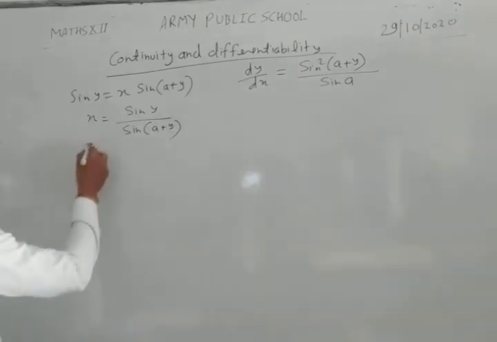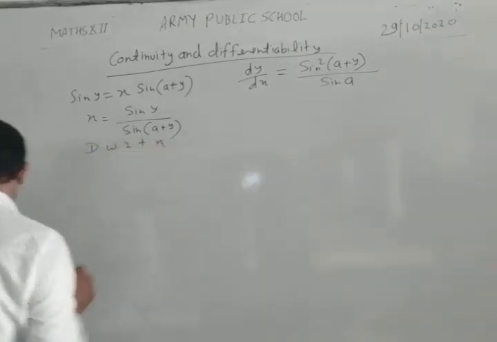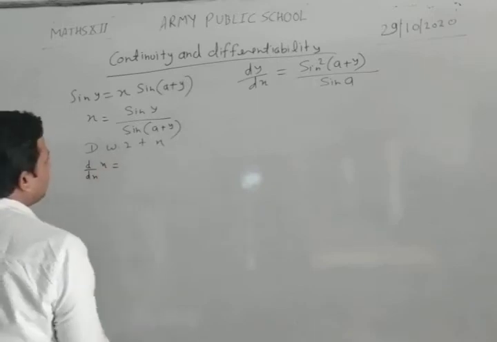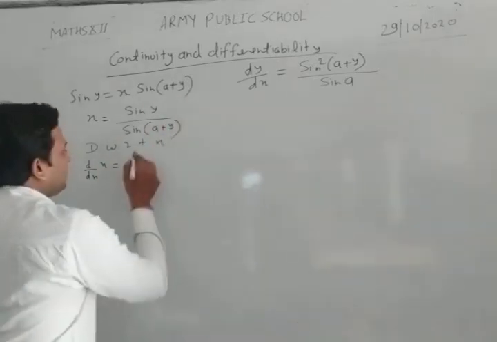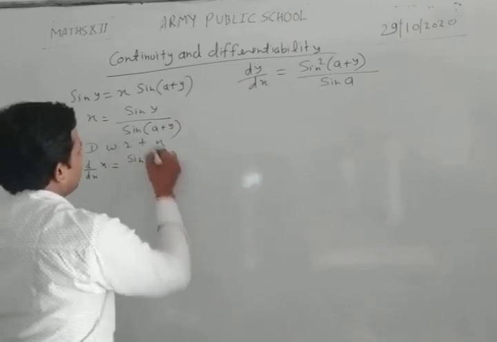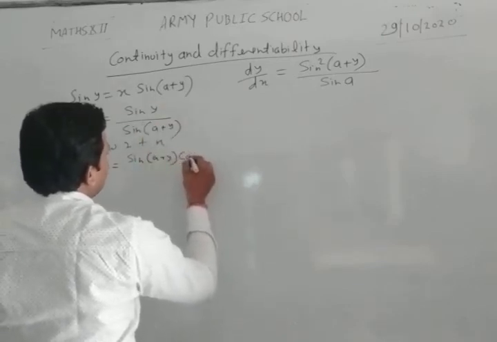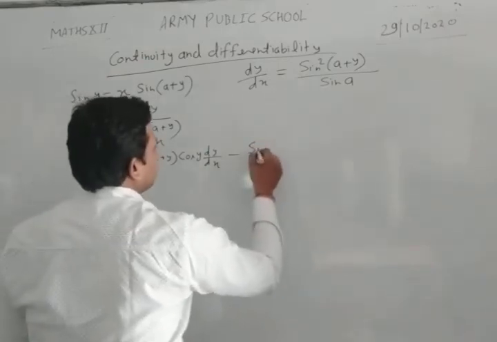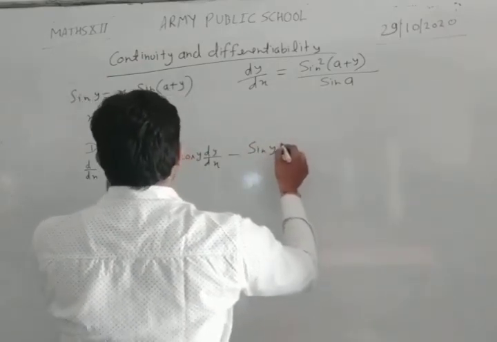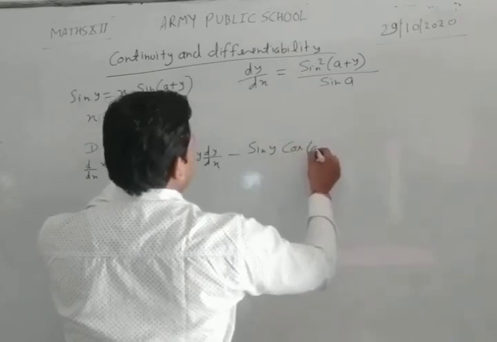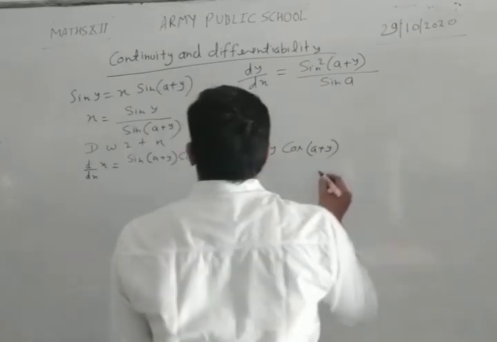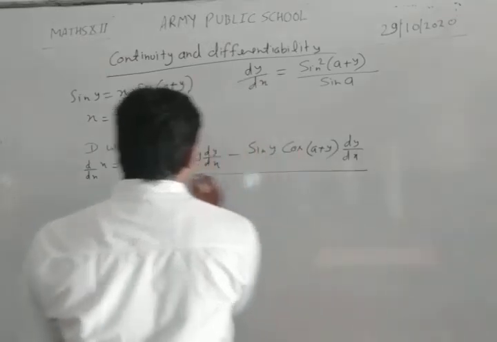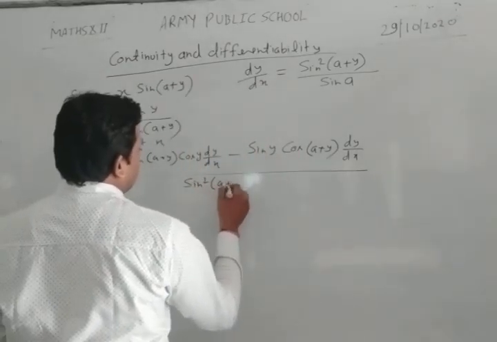Now differentiate this with respect to x. We get the differentiation of x is equal to, here we apply the quotient rule, so we write d times differentiation of n, so we write cos y and dy by dx, minus n times differentiation of d, so it will be cos(a plus y) and dy by dx, divided by d whole square.